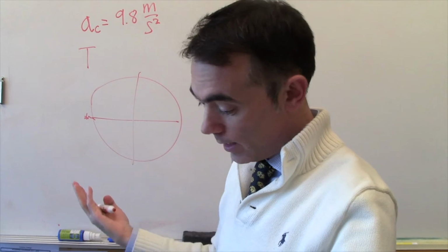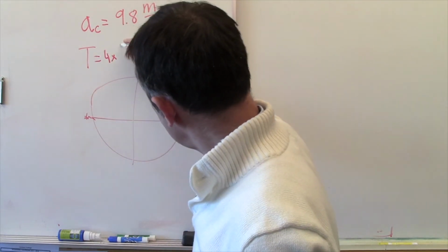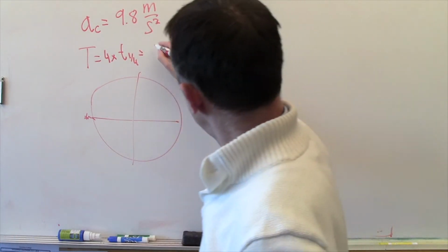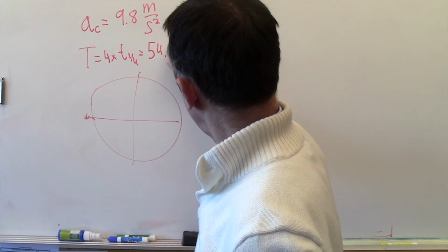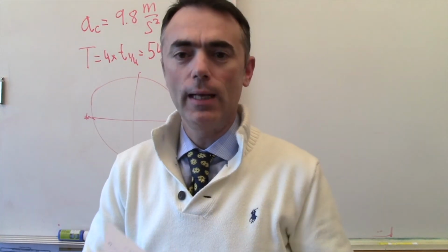From what I counted, T is equal to 4 times that time of a quarter of a rotation, and that is 54.8 seconds. So that's the period of the rotation, about 1 minute.